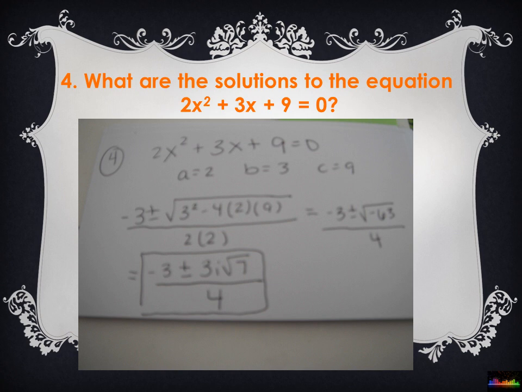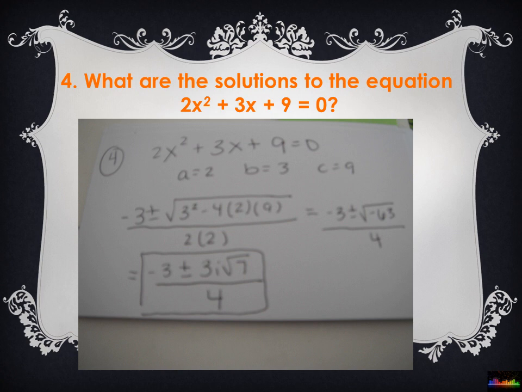Then you will place what's under the square root, or your discriminant, into the calculator, and you get negative 3 plus or minus the square root of negative 63. Whenever you are finding the discriminant, you should not use the square root symbol. If you do this in your calculator, you can get a syntax error at times. So play it safe and just put the discriminant in the calculator and do this in pieces.